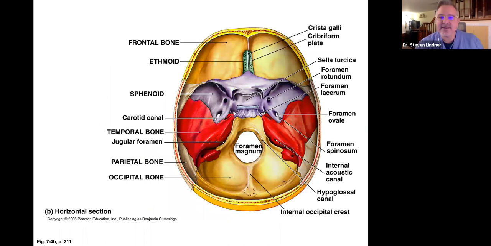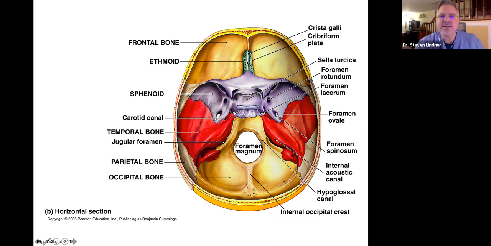Okay, very nice. I like this picture here because it shows the sphenoid very clearly, the purple. And now we could see the foramen rotundum, foramen ovale, and the foramen spinosum, the three, ROS. They make a nice diagonal. It shows the hypophyseal fossa of the sella turcica.